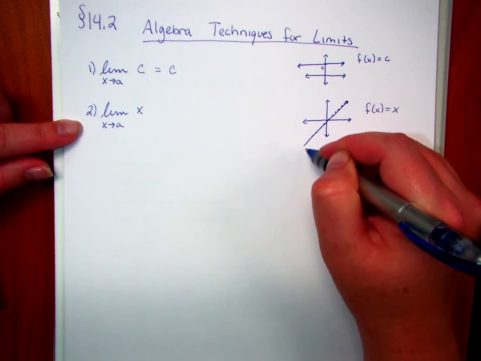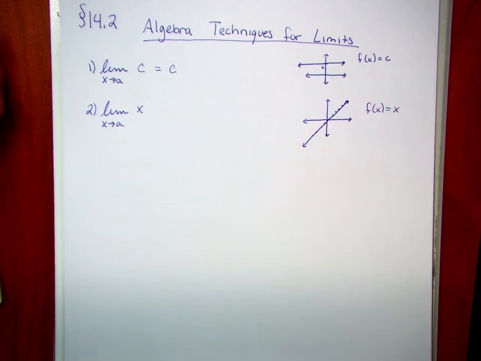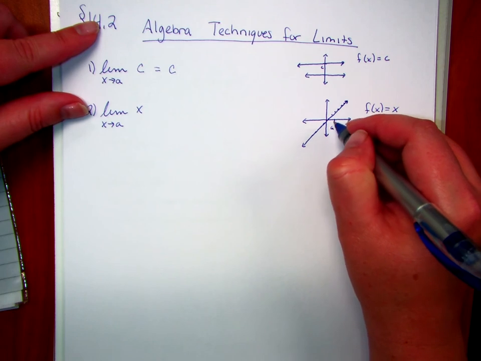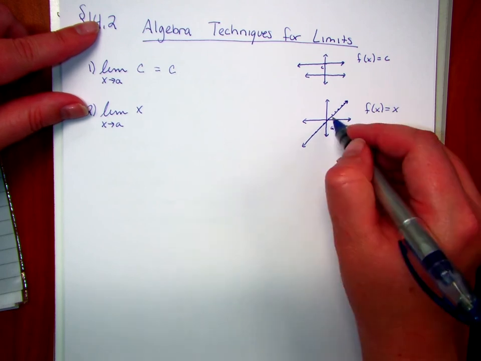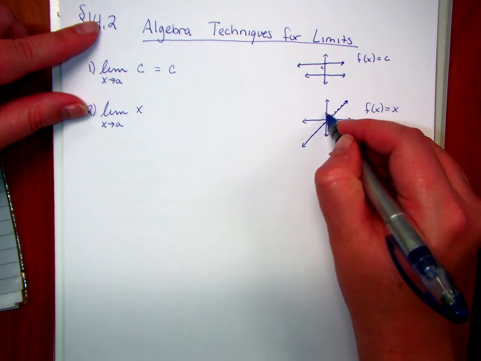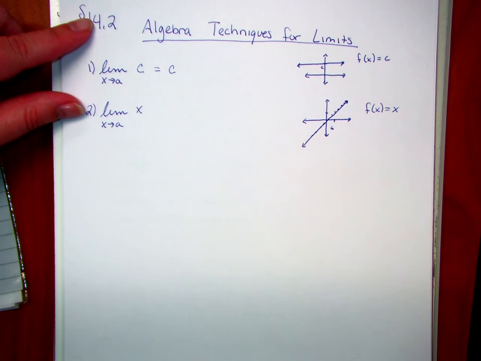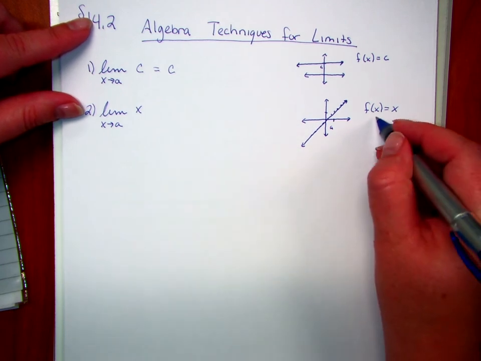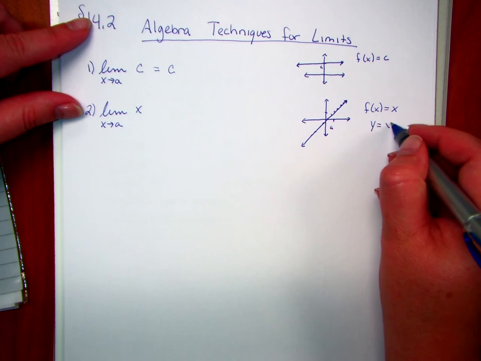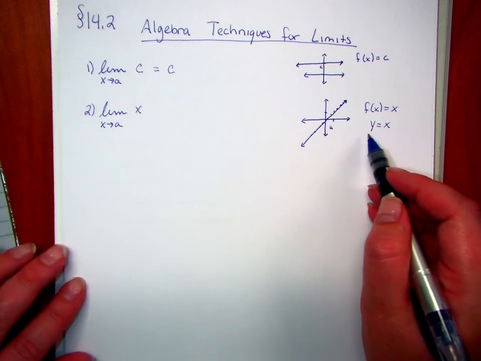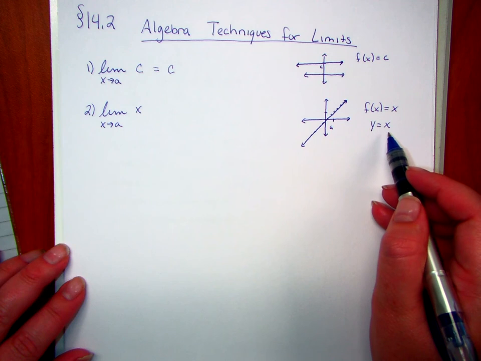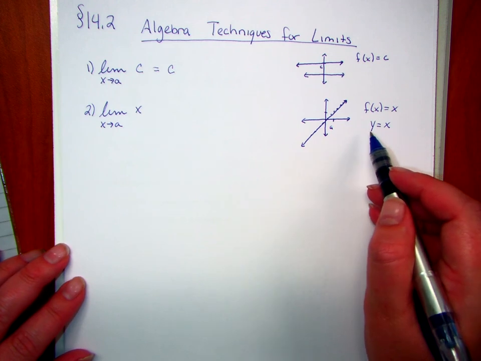Okay? So these function values are changing. But if I were to look at a here, then what's the function value going to be? If I were to do a table of values here, this is like y equals x. So if x is 1, y is 1. If x is 2, y is 2. If x is negative 3, y is negative 3, right?